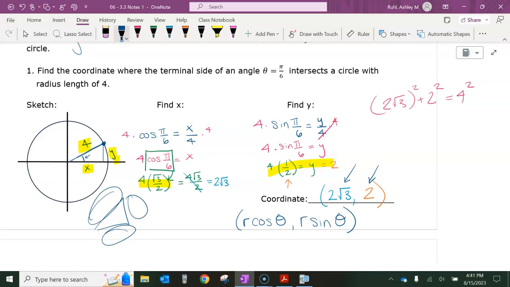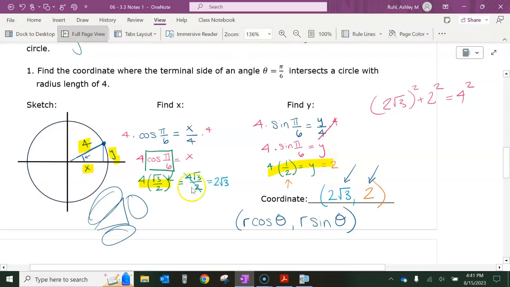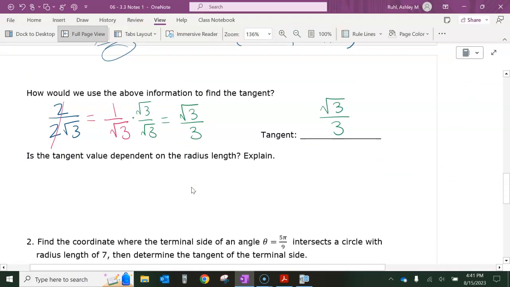It's the same multiple. So if I do y over x or sine over cosine, it's going to be the exact same ratio. It's going to reduce by the same multiple. So that's what ended up happening right here, is these 2's canceled out, and this is what I get.